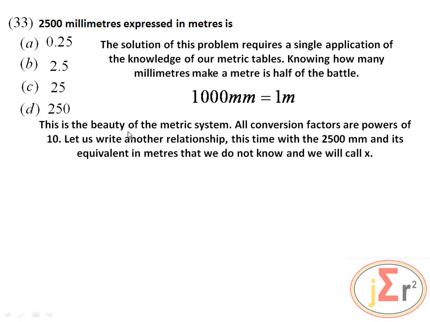And we will write another relationship in order to determine how many meters will be equivalent to 2,500 millimeters. That relationship, we have it right here, 2,500 millimeters, and we do not know its equivalent in meters. That equivalent we call x.